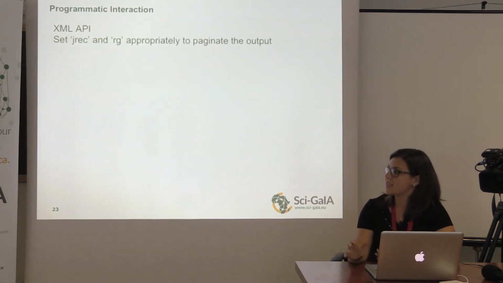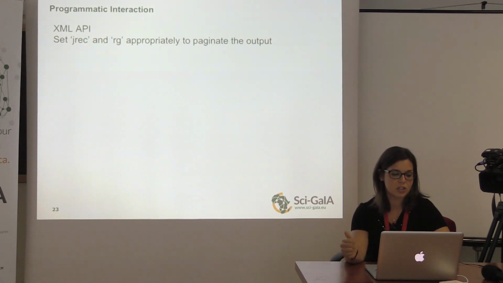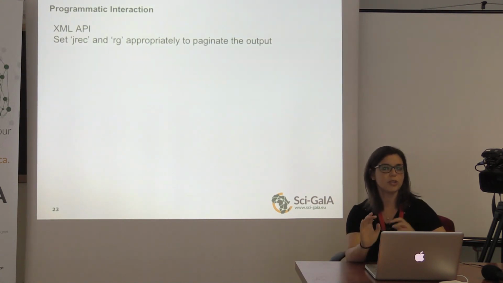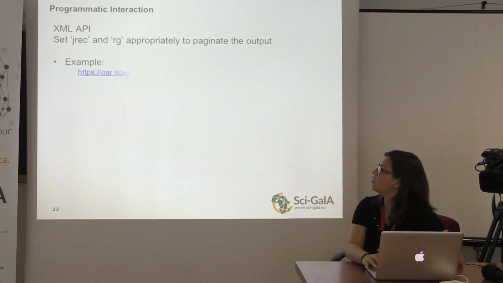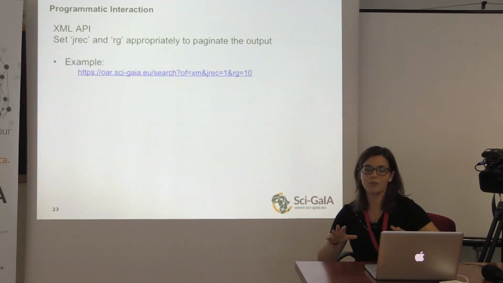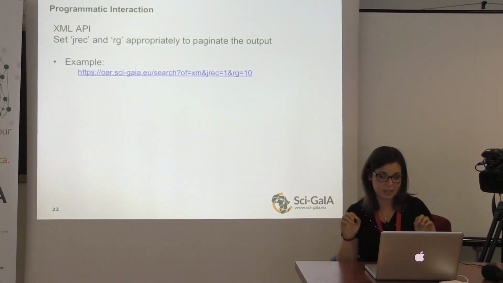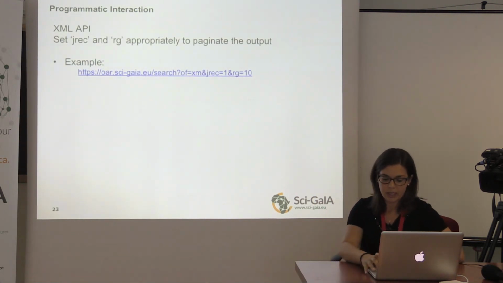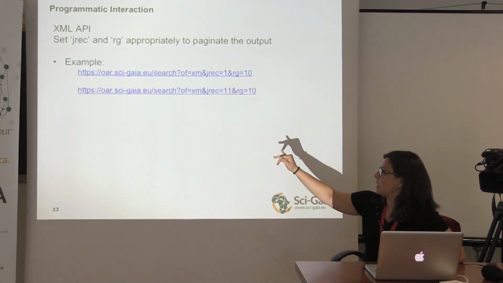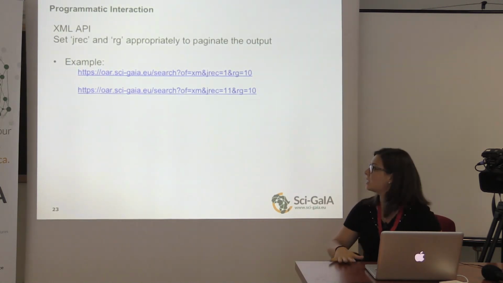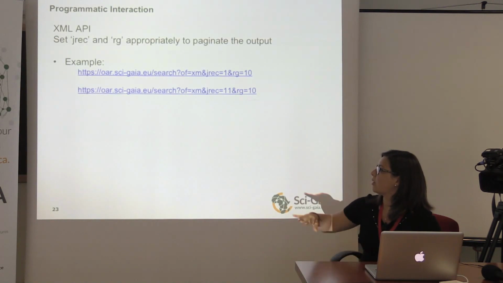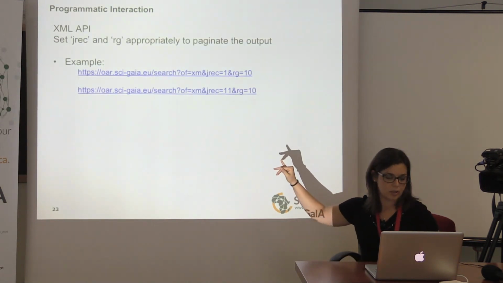If you set the JREC param and the RG param appropriately, you can paginate the output. For example, using this request, you get the first 10 records of the repository. If you use this query, you get the second 10 records of the repository, starting from record number 11, JREC 11.